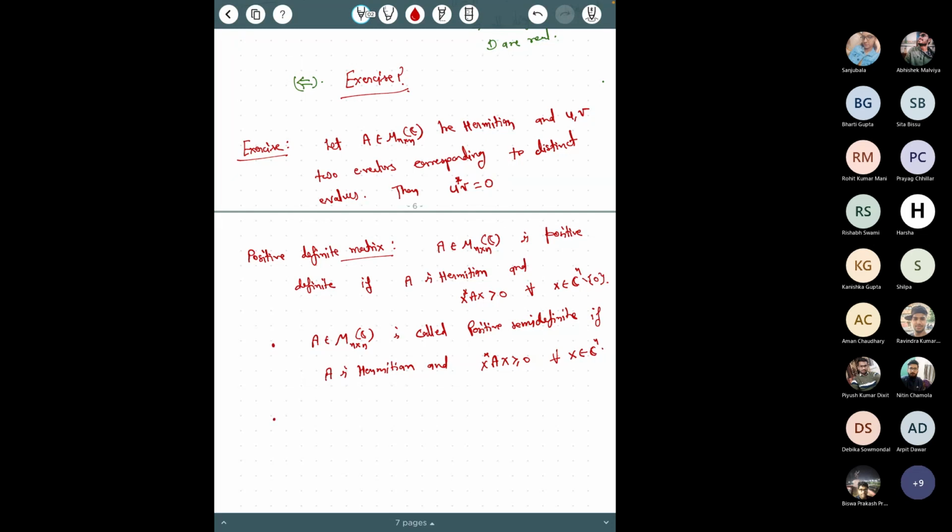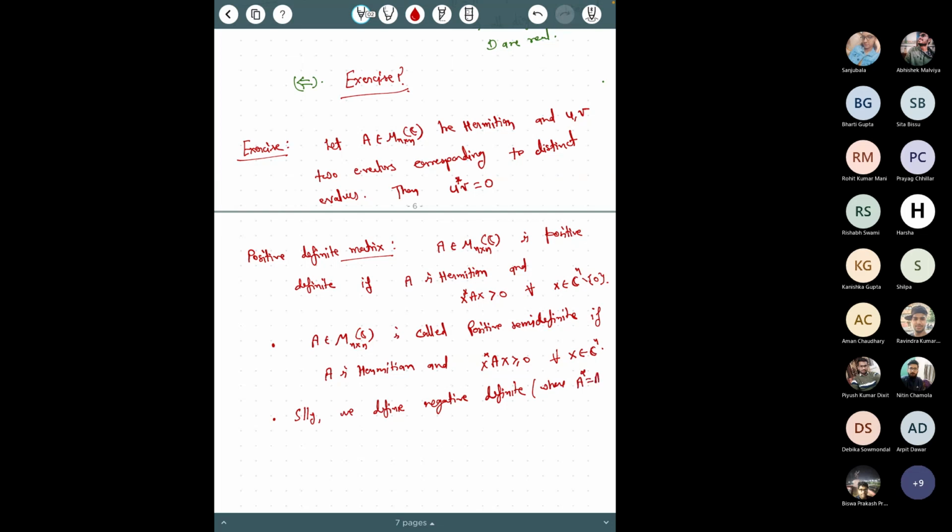So let me just write. Similarly, we define negative definite. Negative definite means A is Hermitian, A star equals A, and x star Ax is less than 0 for all non-zero x in Cn.